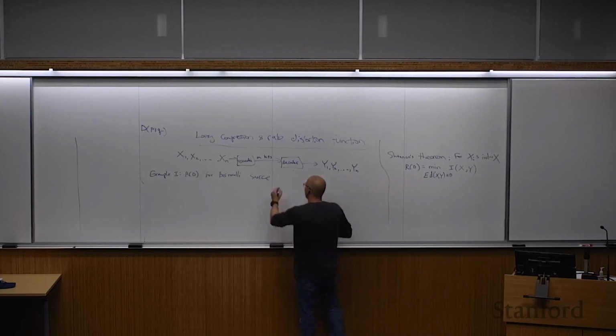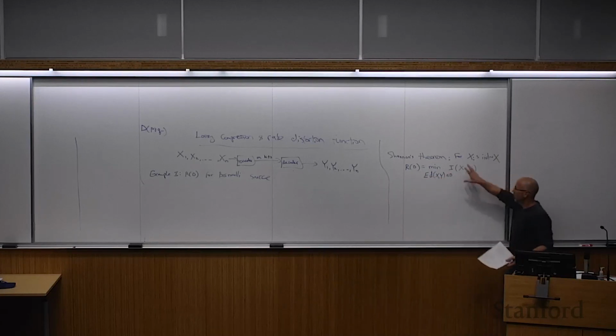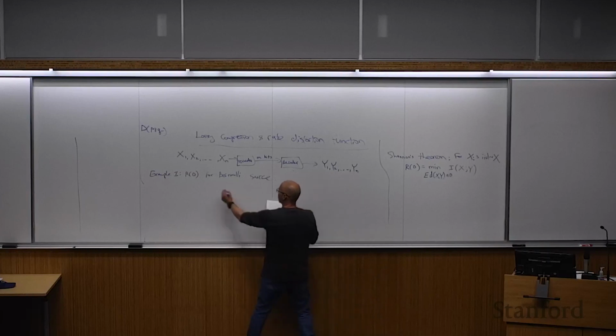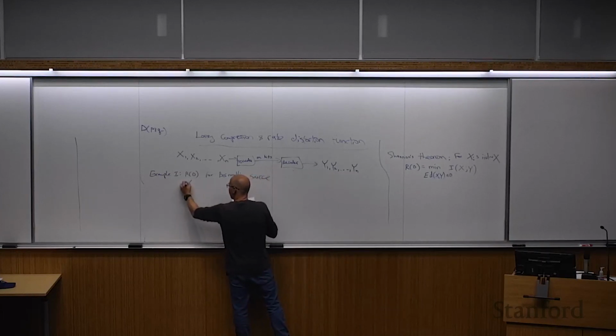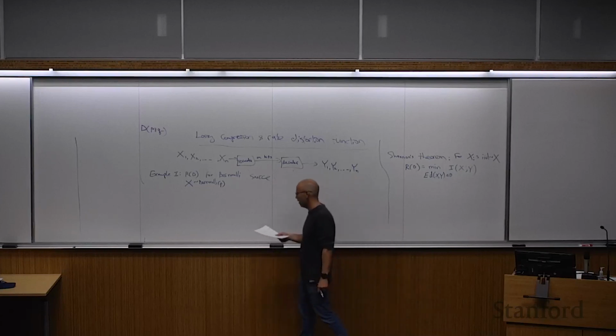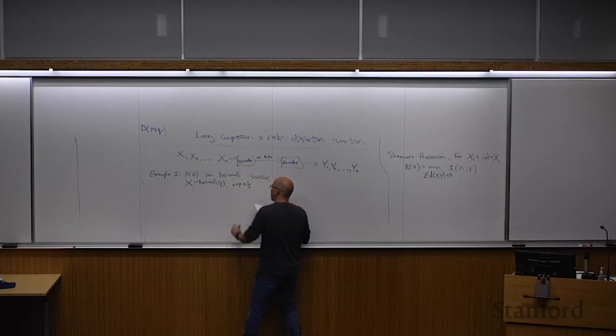Okay, so in the case of a Bernoulli source, in the end, this is a very wieldy, finite dimensional problem. In fact, the distribution on X: here I'm going to assume, more specifically, that X is Bernoulli of some parameter small p, and let's assume without loss of generality that this p is no more than a half.